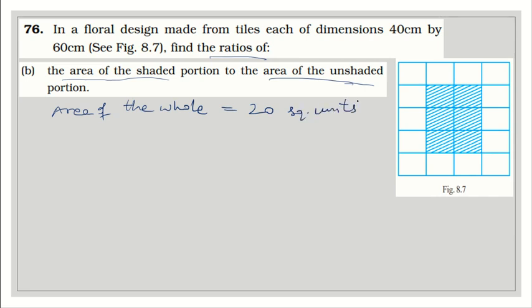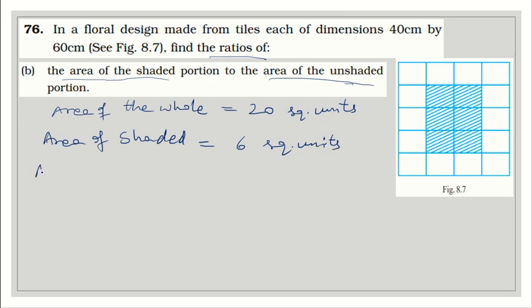Then when it comes to the area of, out of this whole shaded, so only 6 pieces are there. So 6 square units have been shaded.